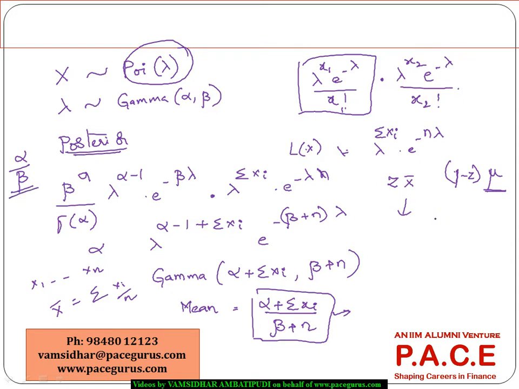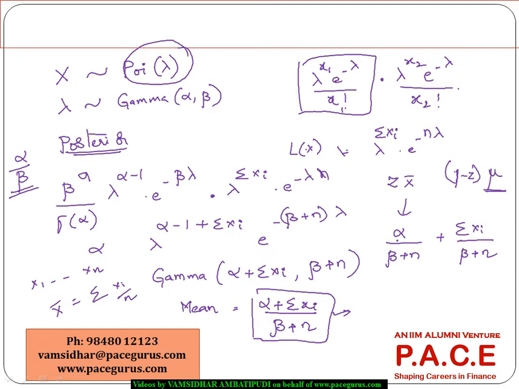So I want to split it into that kind of a mechanism, where I'll give some weightage to sigma xi by n and some other weightage to alpha by beta. So this is what I'll try to break: alpha plus sigma xi divided by beta plus n.